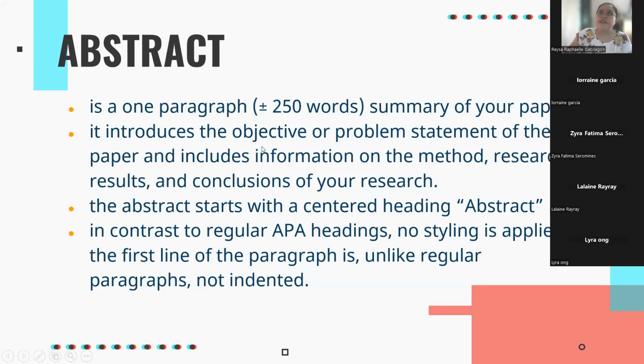You have to present your problem, especially the objective of your study, then a summary of the methodology, then the most salient results, and a little about your conclusions and recommendations. That's all that should be in the abstract, but since we don't have the results and the conclusion yet, we won't do it yet for the proposal defense.